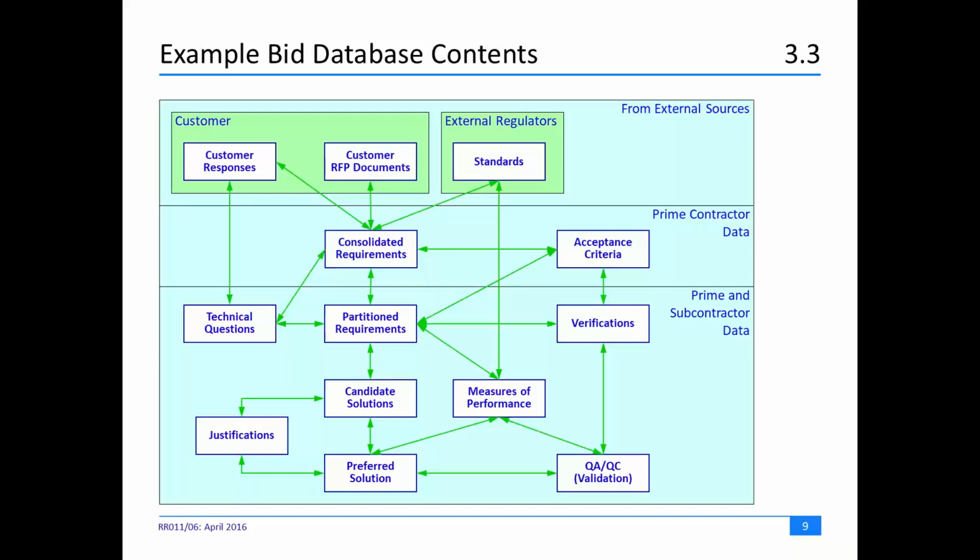We may have measures of performance that characterize those partitioned requirements and are used to judge the efficacy of a preferred solution, and so on. This is a box and line diagram that suggests nothing more, that suggests types of information that might exist in a Cradle database that's being used to respond to a customer RFP, ITT, ITN, whatever the circumstances are.